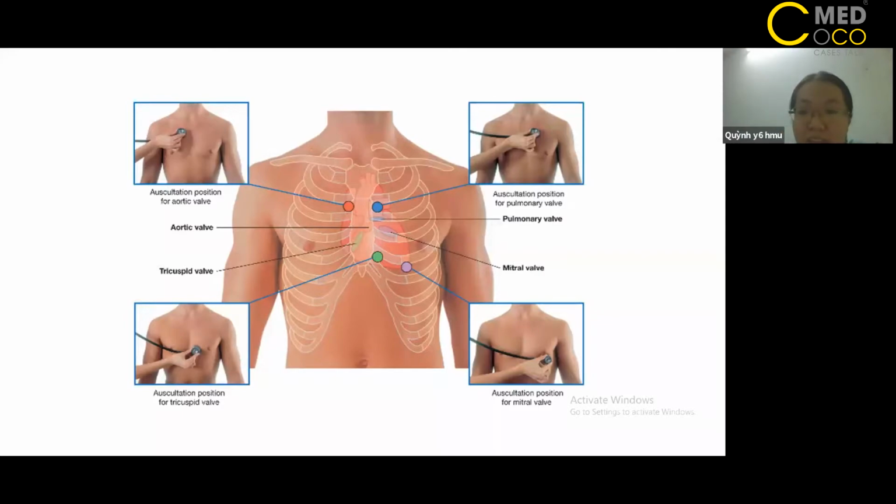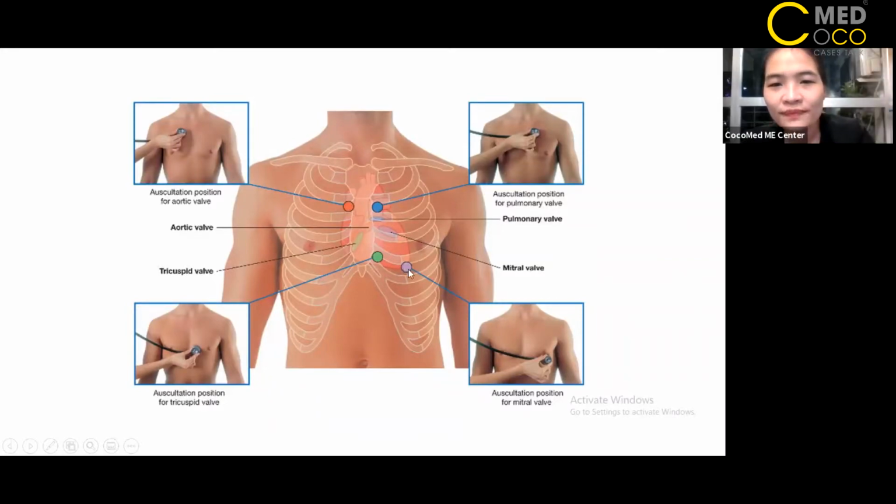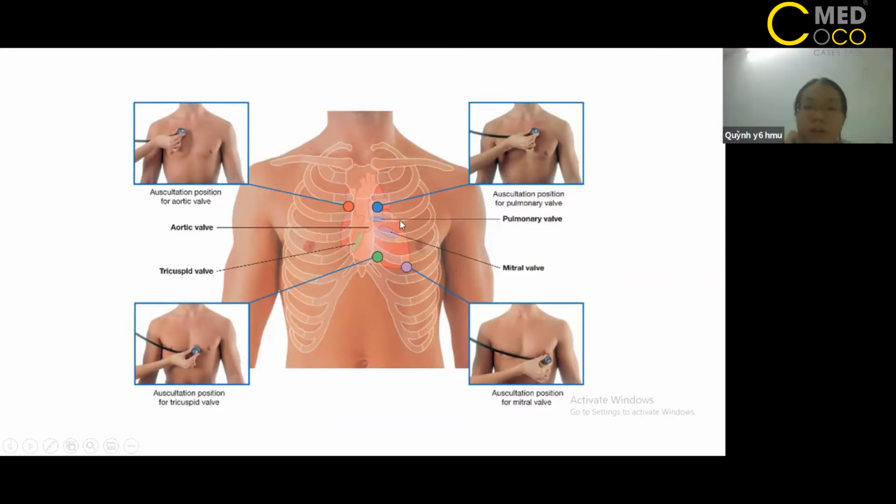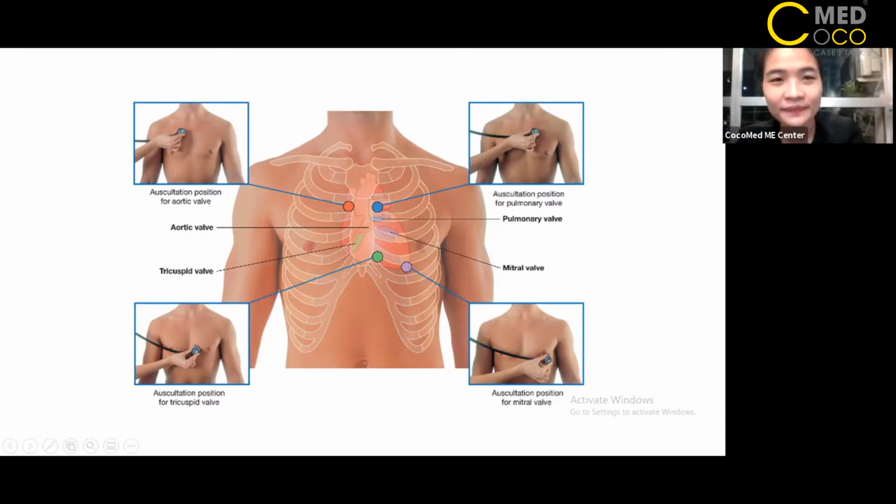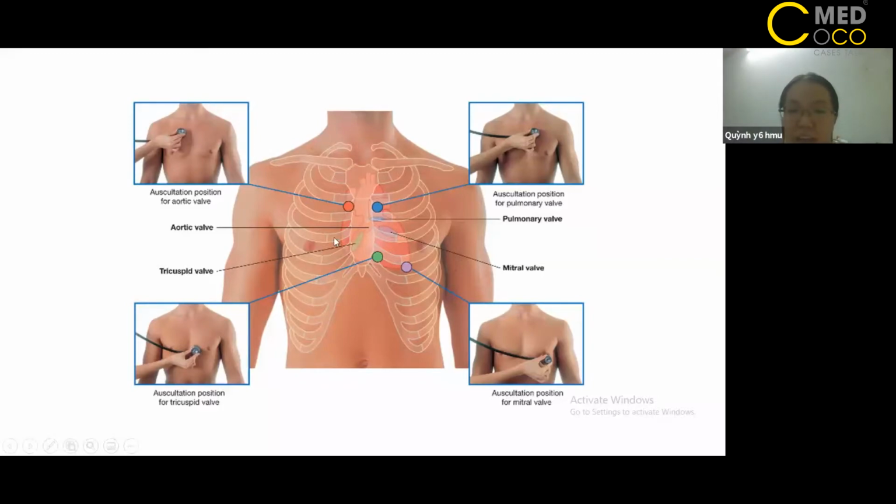Beside the sternal border, the mitral valve we can hear at the apex of the heart, in the fifth intercostal space. And the last one is the right sternal border, the only valve we can hear in the right sternal border.